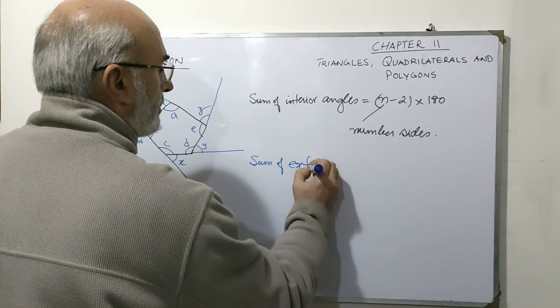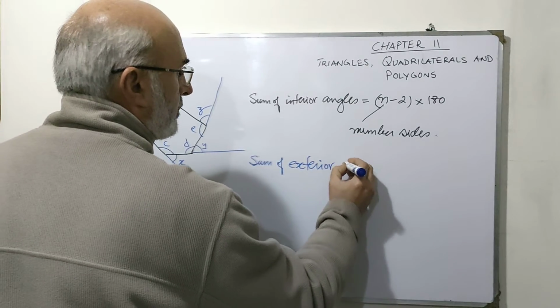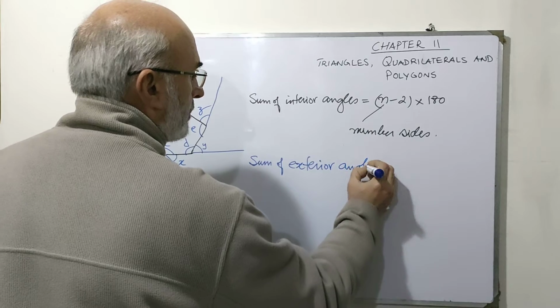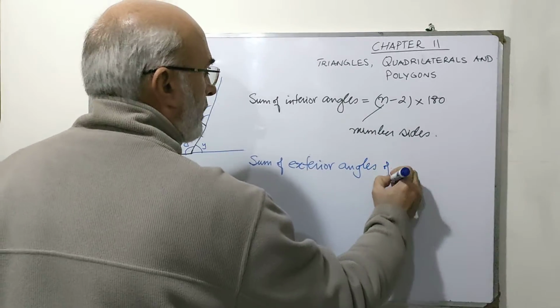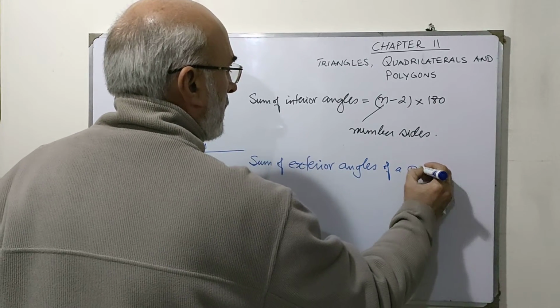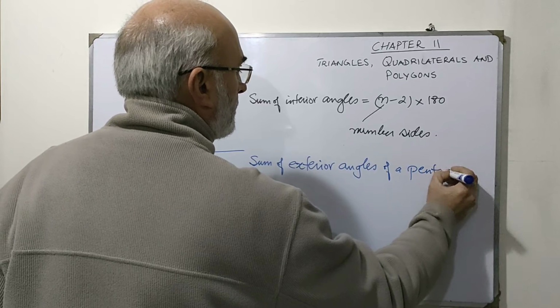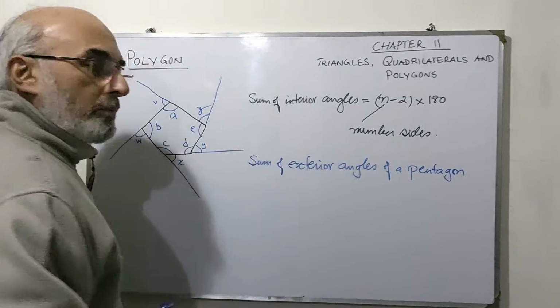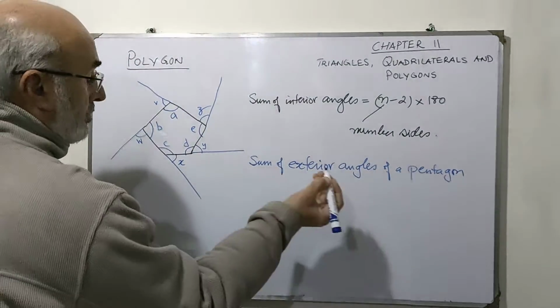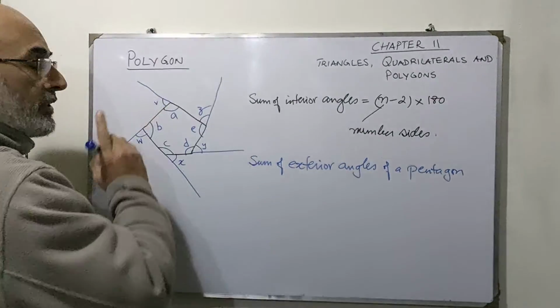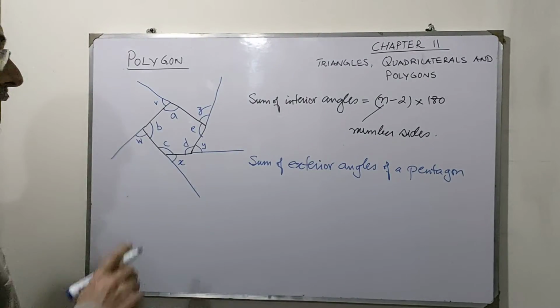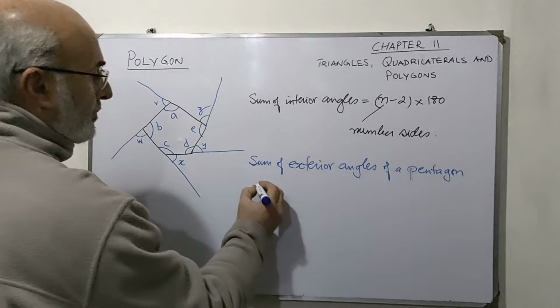Now, for the sum of exterior angles of a pentagon, what am I going to do? Pairing the sums, because they are adjacent angles on a straight line, which is equal to 180, right?